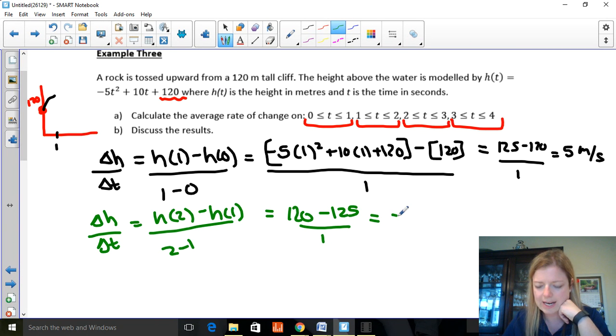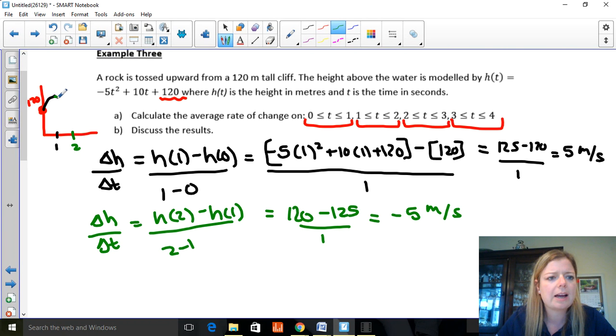So this is actually negative 5 meters per second. This negative means that between 1 and 2 seconds, on average, it's decreasing, at the exact same rate that this was increasing. So this should be a mirror image of this, because it's decreasing by 5 meters per second.